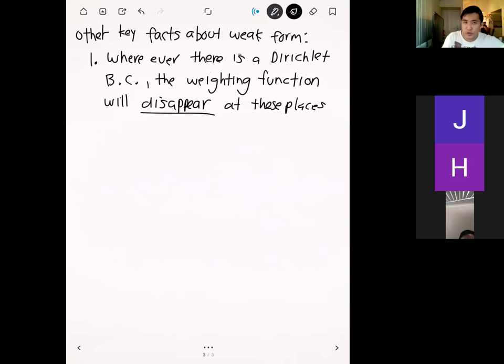So I'm just going to draw two quick examples for you here. Let's say that we have a situation like this, a bar that looks like this, and we have a fixed condition at x is equal to 0. If this was the problem we were solving, then our Dirichlet boundary condition here would be at x is equal to 0.